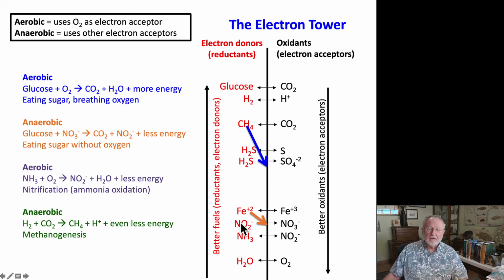We can look at other kinds of aerobic and anaerobic reactions. Aerobic means that those reactions use diatomic oxygen. Anaerobic means that there are other electron acceptors. So one anaerobic reaction is methane combining with sulfate, resulting in the generation of CO2 and hydrogen sulfide.